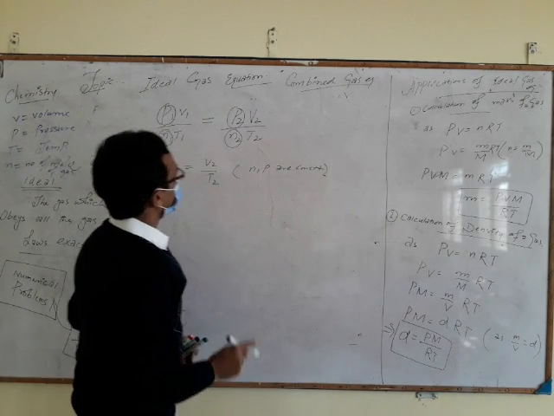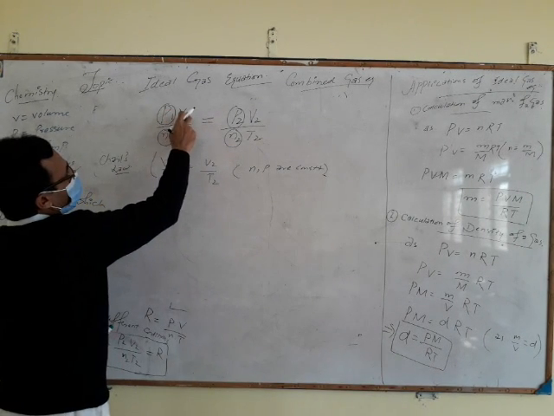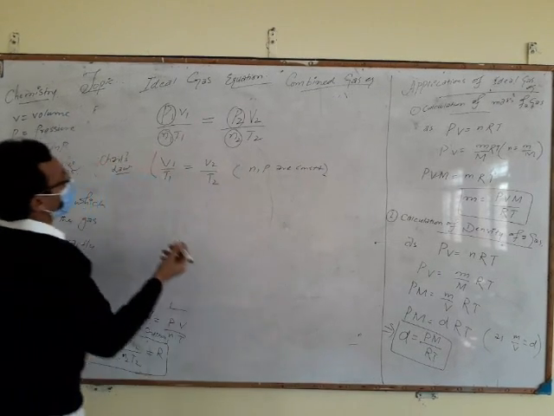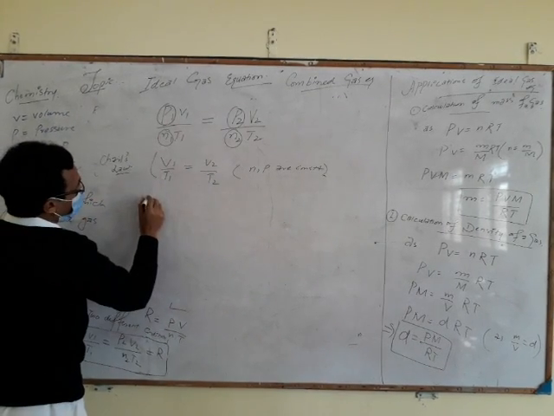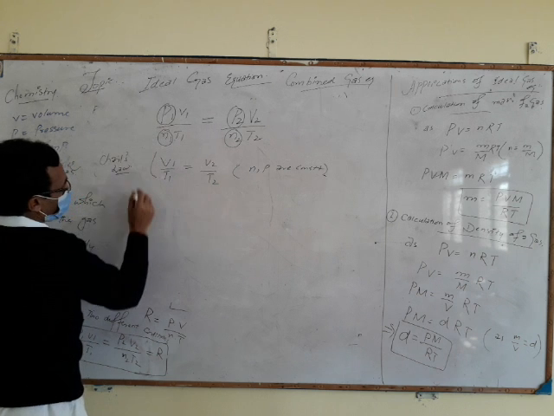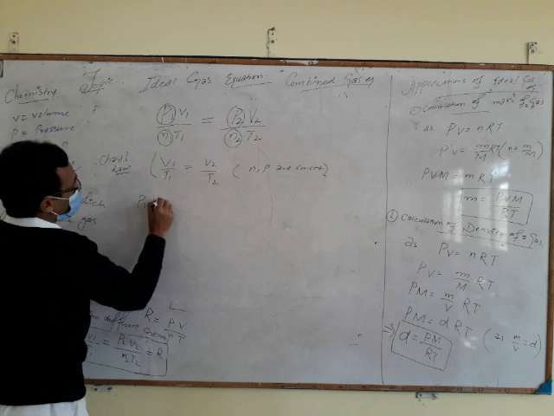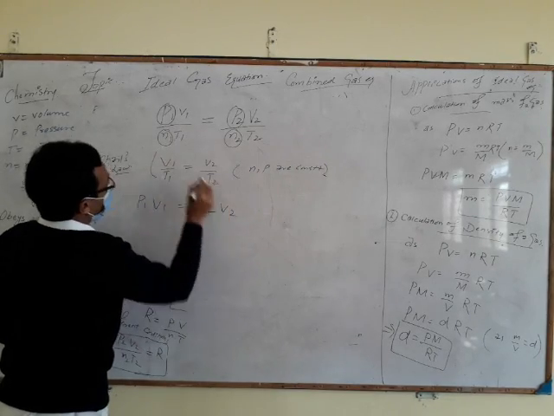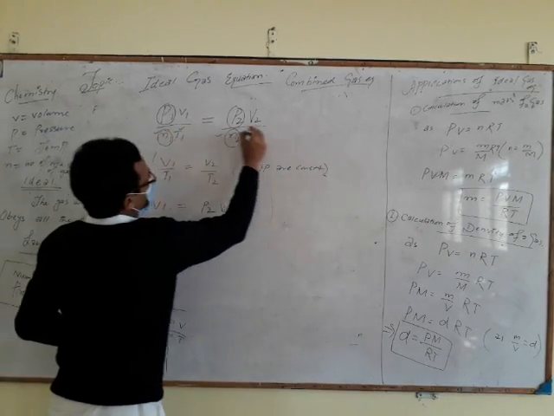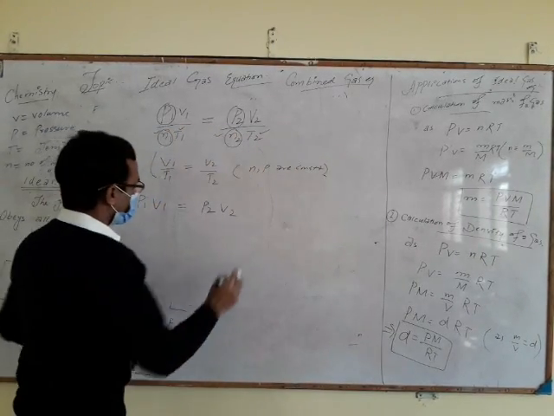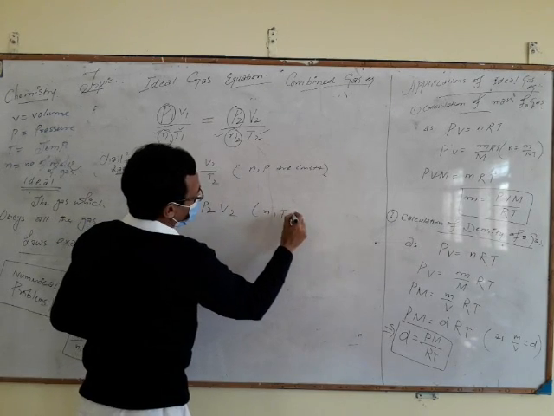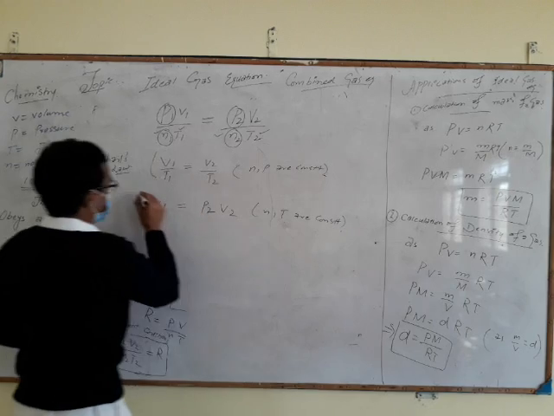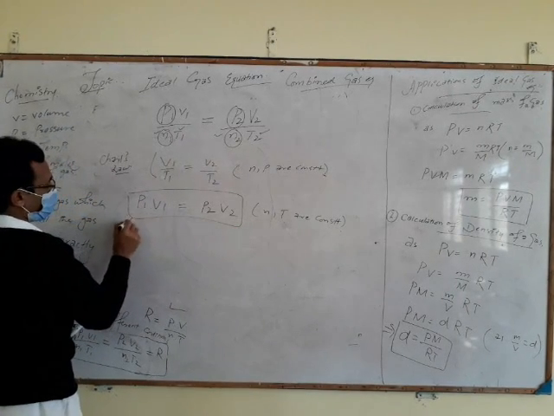Now if we take temperature and number of moles constant, then what will we get? P1V1 is equal to P2V2, because T and n are constant, meaning they are not changing. So this is Boyle's law.